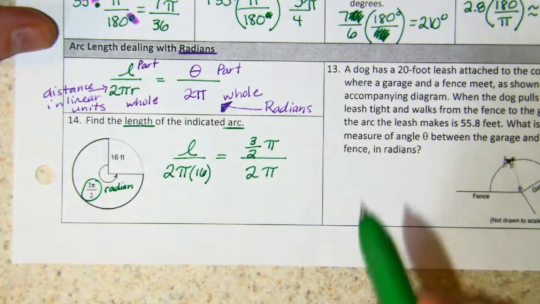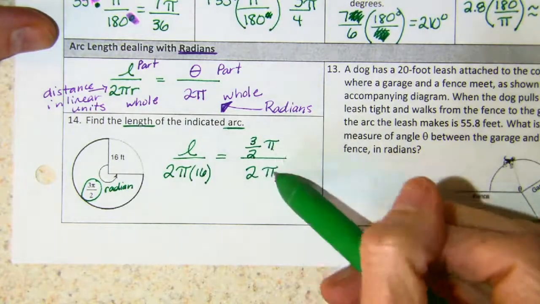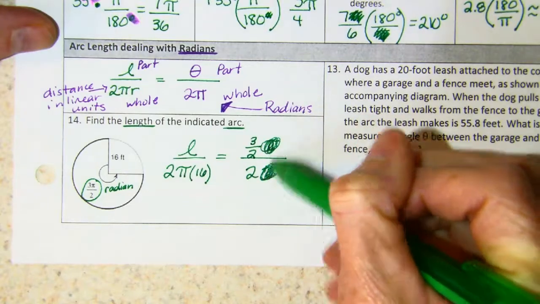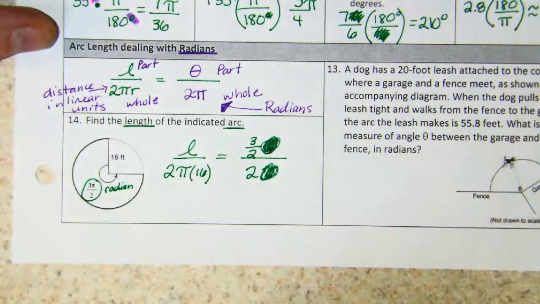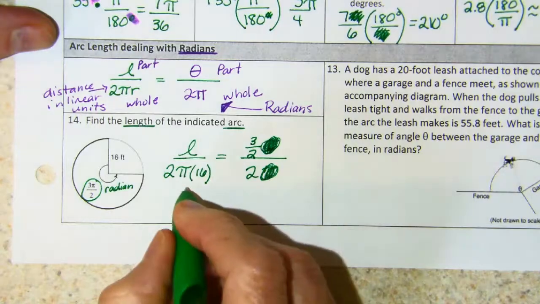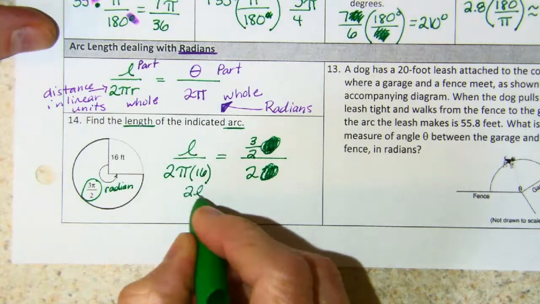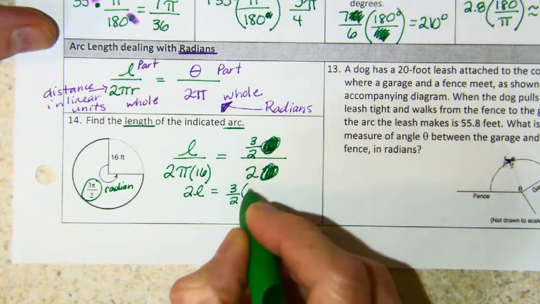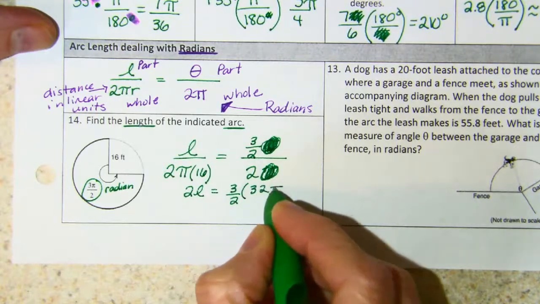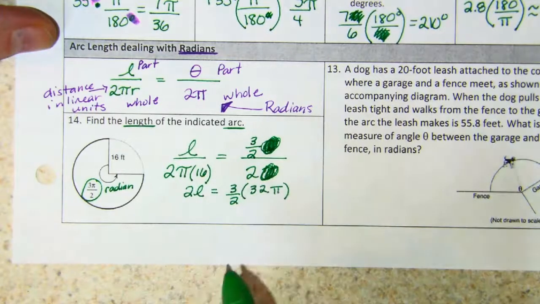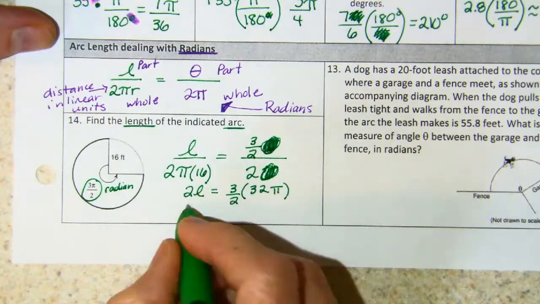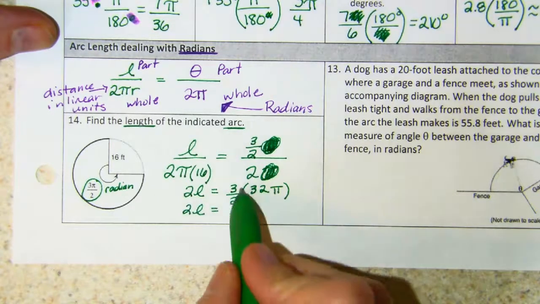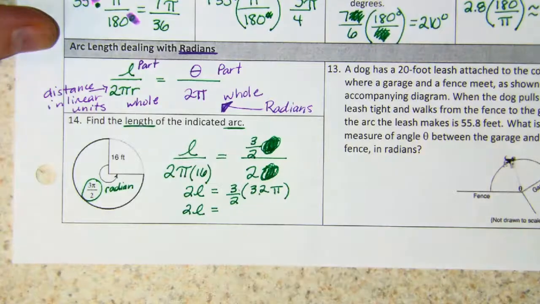Now the quickest way to solve this problem, these 2 pi's right here will just simply go away. So I can go ahead and just get rid of those. Now if I cross multiply, I have 2L equals 3 halves times 32 pi if I put these together. So now I have 2L equals 3 halves times 32.